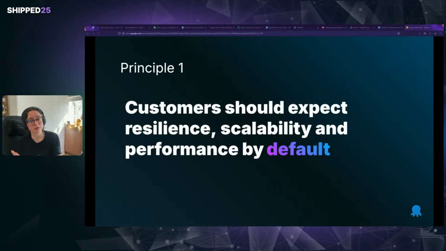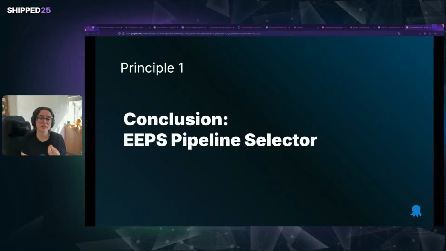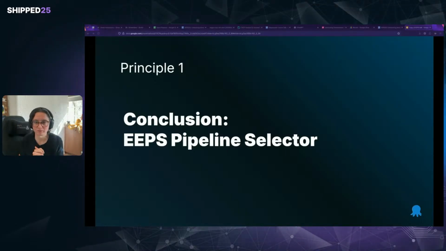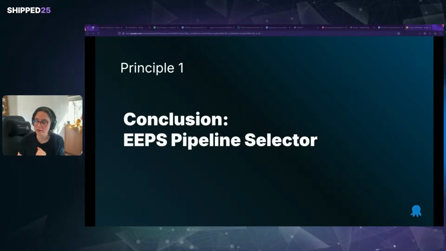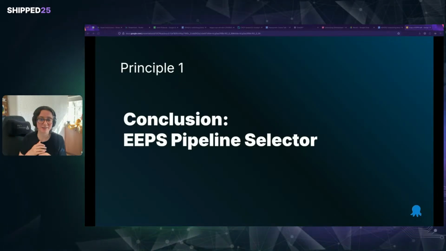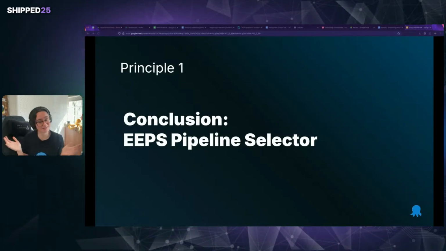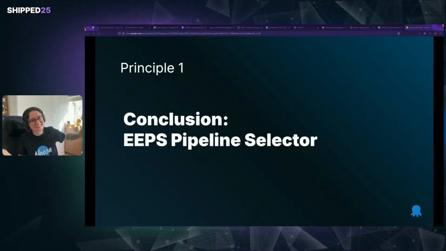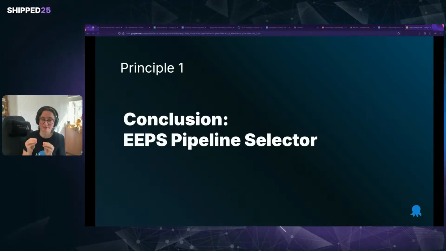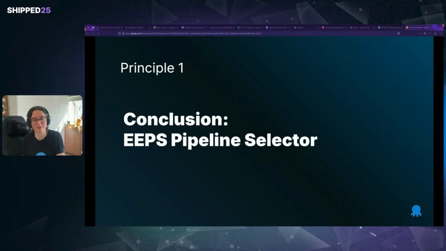This led us to the conclusion of EAPS. This was one of the things that led to that pipeline selector part, the part that picks V1 or V2. So given that we had thousands of customers, and each of them can have hundreds of customers, remember customers running everything everywhere all at once, we decided that there could not be a human in the loop. There had to be a piece of software that was responsible for making those decisions.